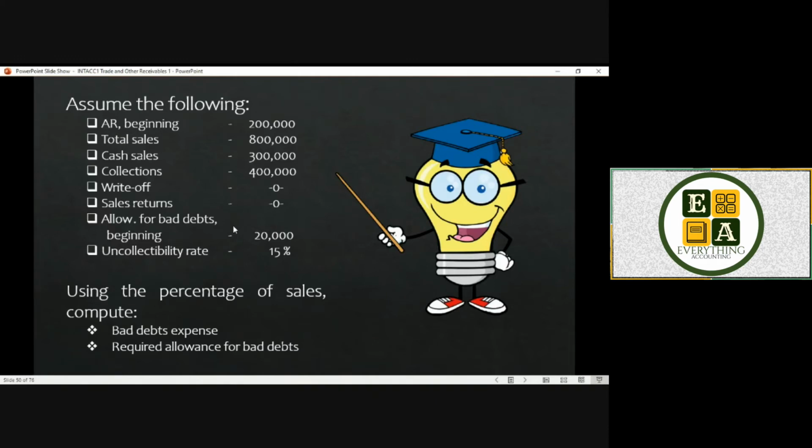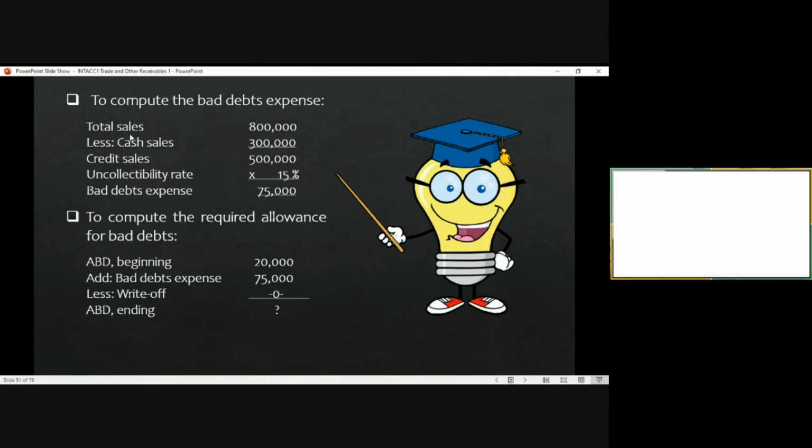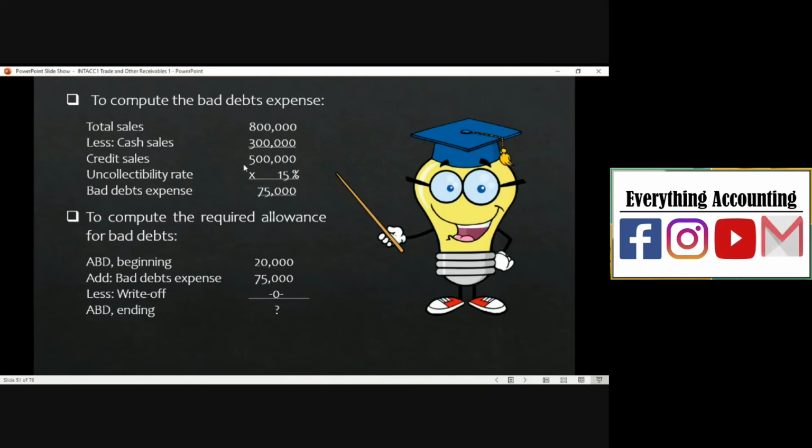But take note sa mga problem solving, pag sinabi sa problem solving na yung bad debt expense will be based on the total sales, sundan mo yung total sales. Pero kung hindi total sales, then deduct ka. Okay? Deduct ka ng cash sales. Since dito meron tayong cash sale, bawasan muna yung total sales ng cash sale. Yung credit sales natin will be 500,000.